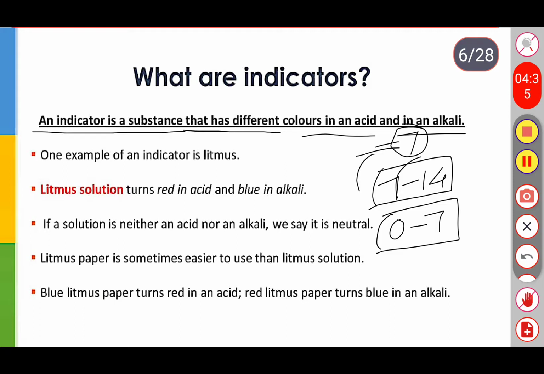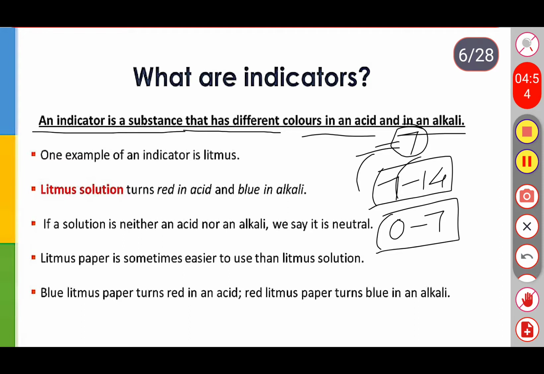The best example of a neutral solution is water. The pH value of water is 7, right? So you already learned in the previous classes, acids have pH value less than 7 and bases have pH value more than 7.